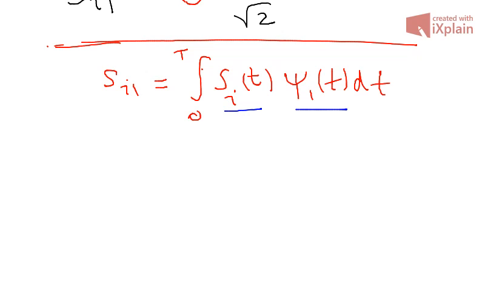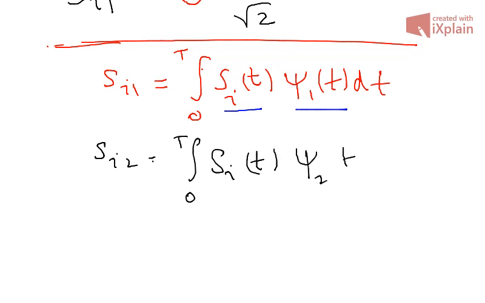And your SI2 is the QPSK signal over the second basis function. So I guess it's easier to find out. I don't think it is too difficult. If you take your equation, you can easily verify this.